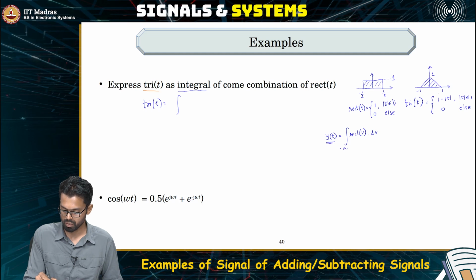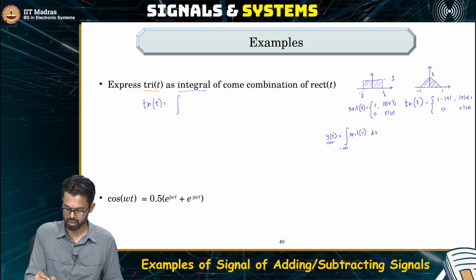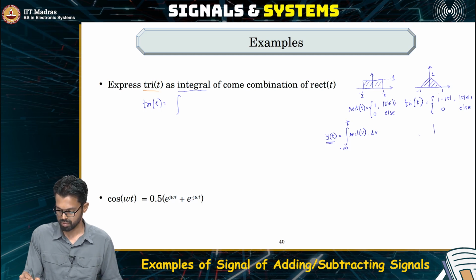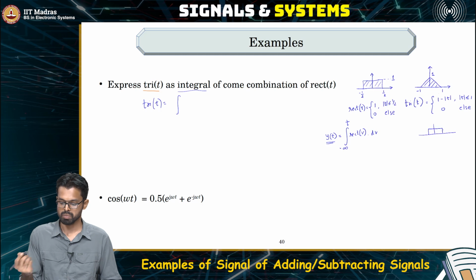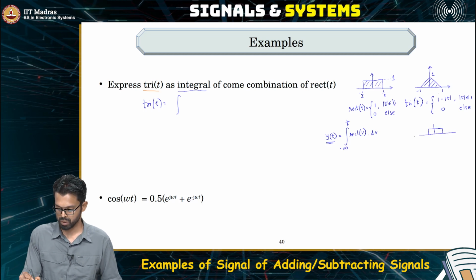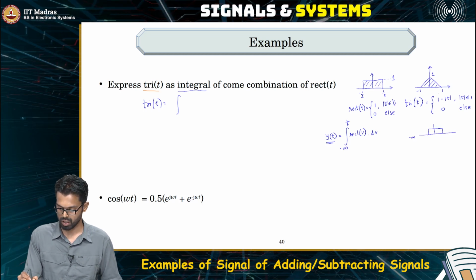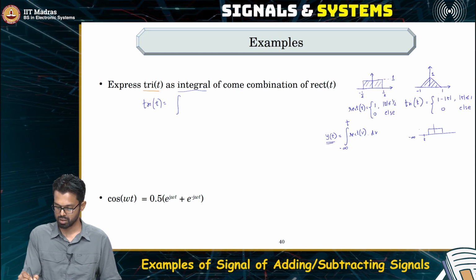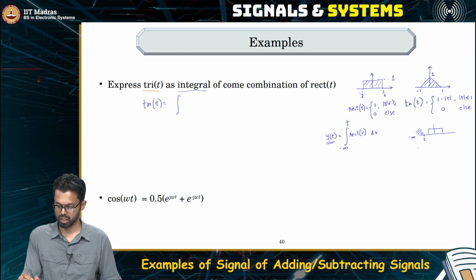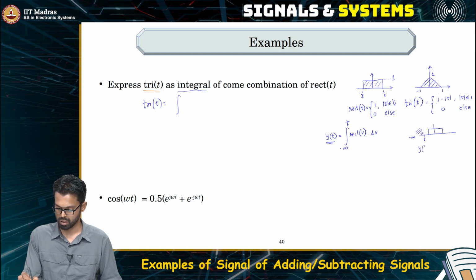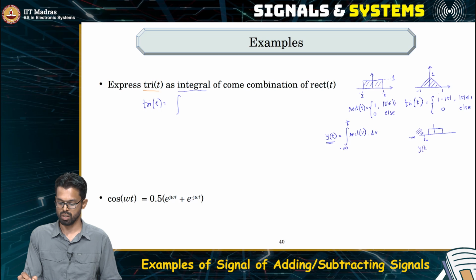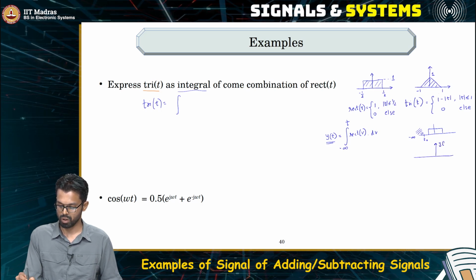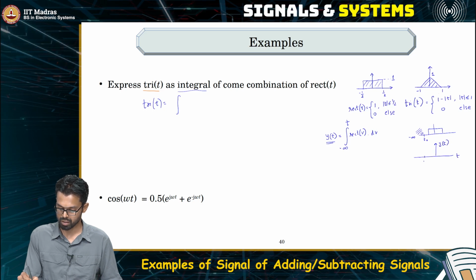In other words, we are going to integrate from minus infinity to t. If you have a function like this, you compute the area from minus infinity up until time t. Let's say you first compute the area till this point, t naught, and that is the value of the function y of t at t naught.